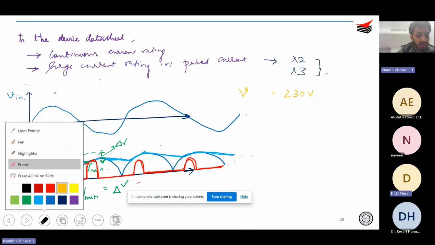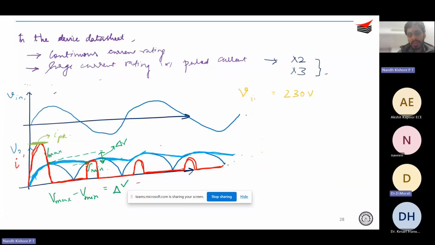Your V in RMS is actually 230 volt plus or minus 20%. 20% of 230. Okay, so this is your V in RMS. So if you have calculators, please do calculate.